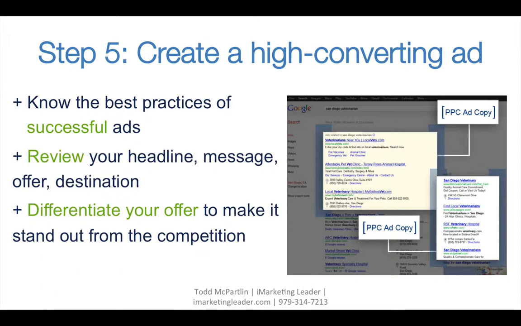Well, if someone's not willing to pay $10, then they're not going to click on your ad, right? And you want to differentiate your offer to make it stand out from your competition. So again, when we reviewed your competitors, you don't want to do exactly what they're doing, because then, if you're getting outbid by them, you're never going to win over your clientele.